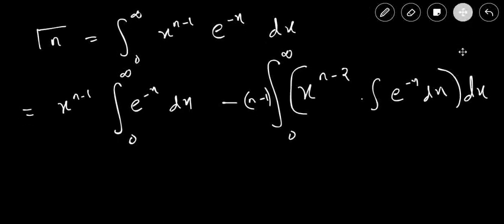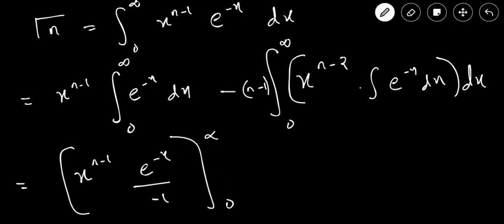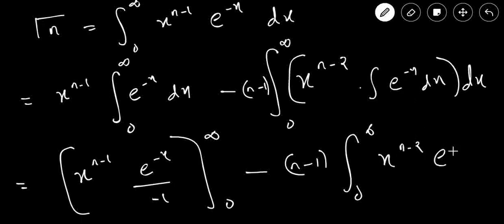All right. So this will be equal to x raised to n minus 1 times e raised to minus x by minus 1 times 0 to infinity minus n minus 1 times integral 0 to infinity x raised to n minus 2. The integral will be e raised to minus x by minus 1 dx.